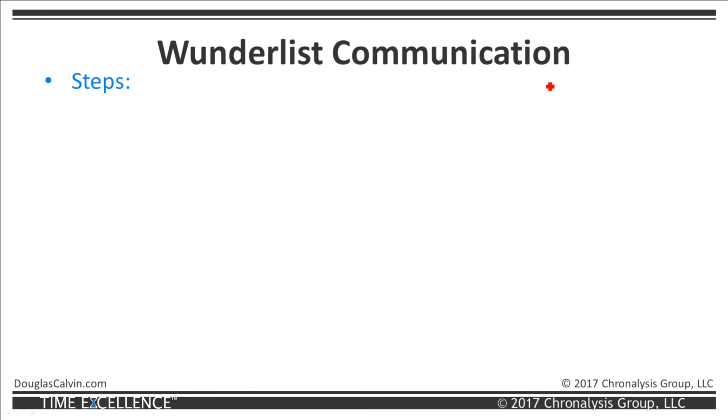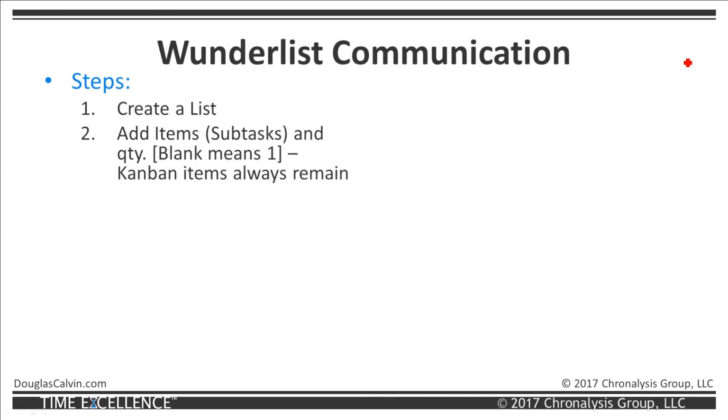So what are the steps I would recommend? I would recommend the following steps to make sure that you send a signal that is visual, that is accurate, and that can be cleared easily. So first off, we create a list. We add the items, the subtasks, and the quantity.